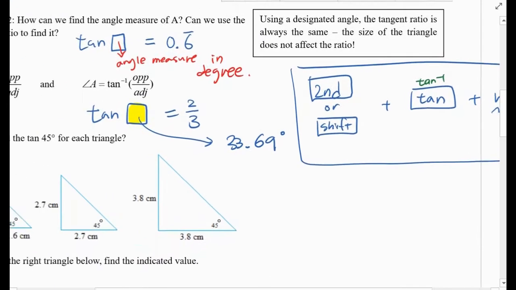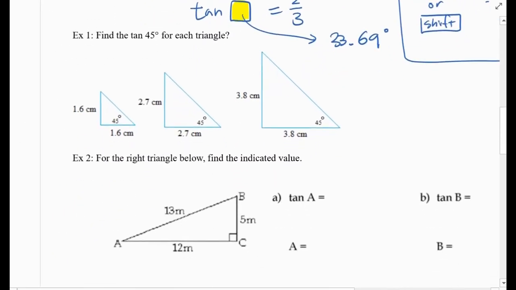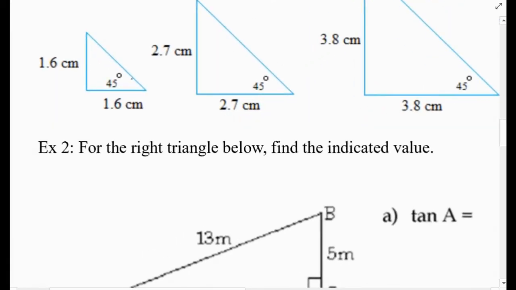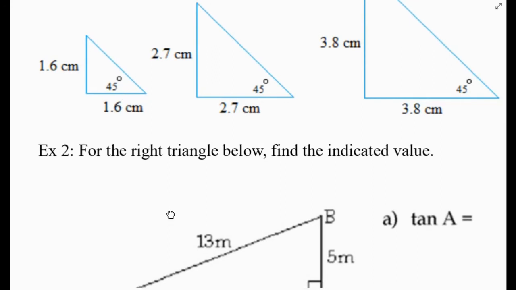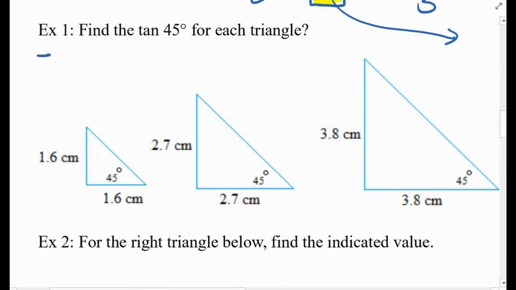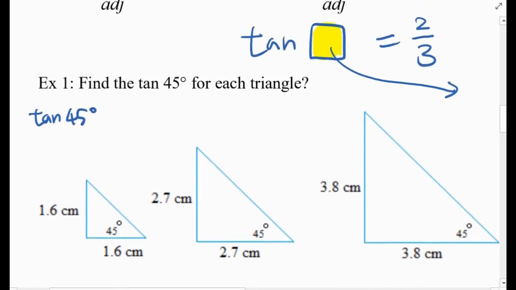Okay, let's move on. Example 1. Find the tangent of 45 degrees for each triangle. Tangent is SOHCAHTOA, opposite over adjacent, right?